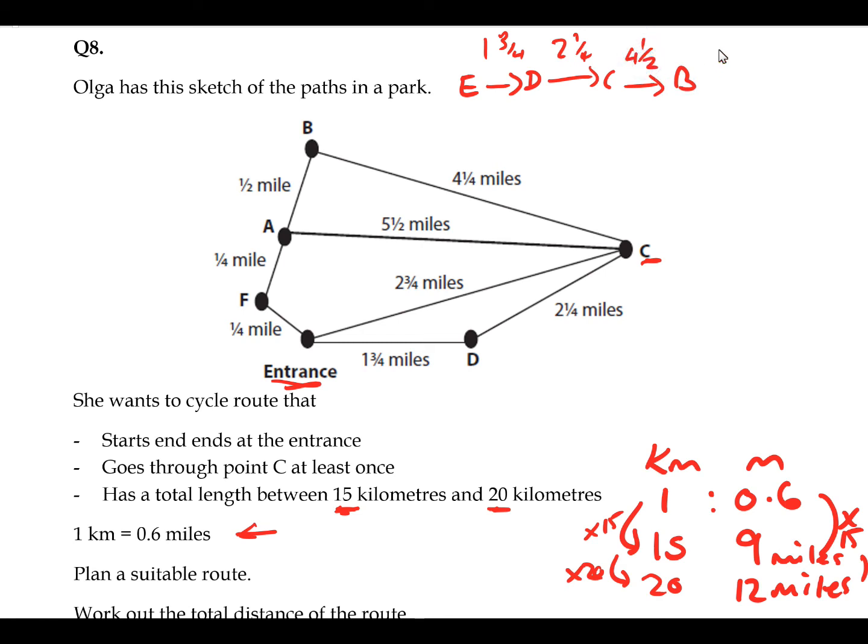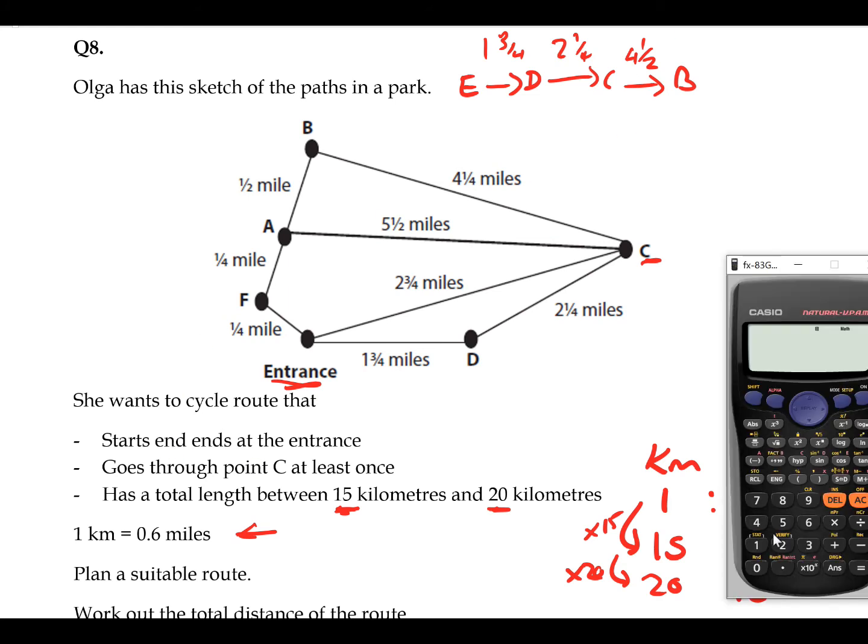Let's add that up and use your calculator to do this. So we have mixed numbers, so shift and the fraction button. 1, rocker to the right, 3, rocker down, quarters, rocker to the right, plus shift, mixed numbers, 2 and rocker to the right, 1, rocker down, 1/4, and then rocker to the right, add our final amount, shift, fraction button, 4, rocker to the right, and 1/2.